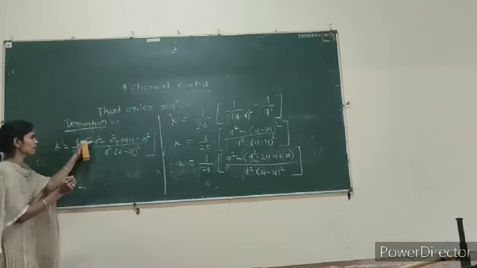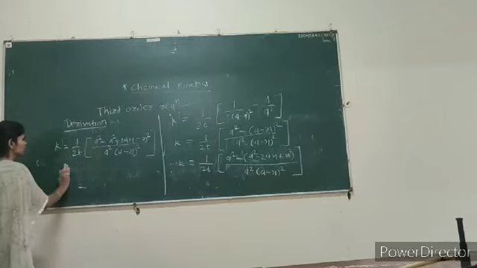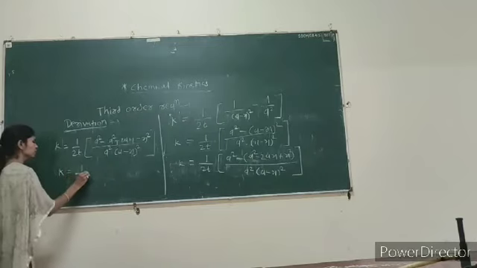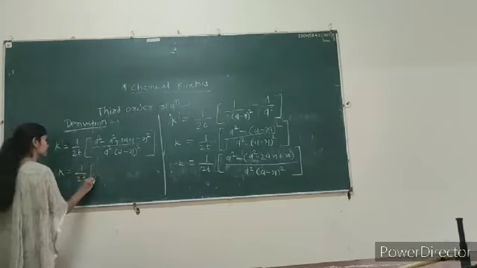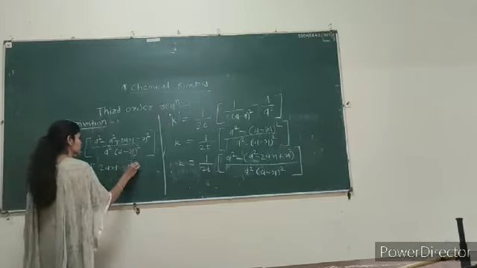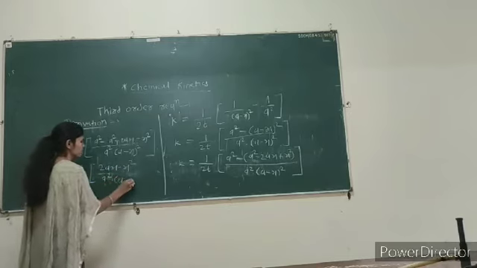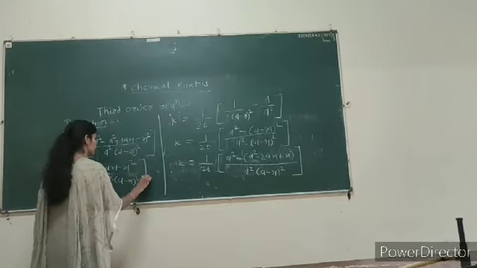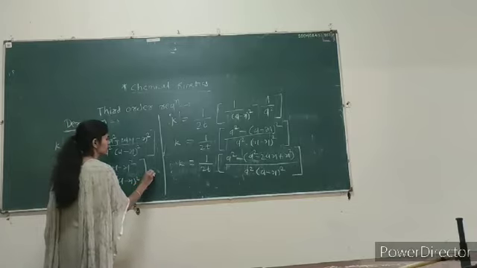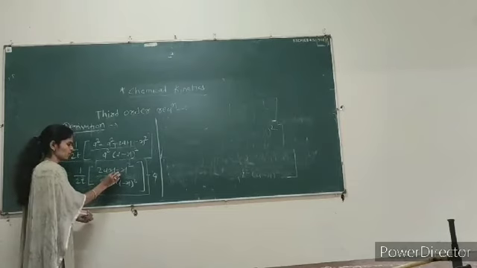In this bracket we cancel a squared minus a squared. Therefore k is equal to 1 upon 2t, in bracket 2ax minus x squared upon a squared into (a minus x) squared. This is equation number 4. In the numerator, x is a common factor.